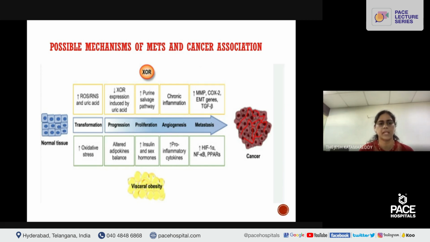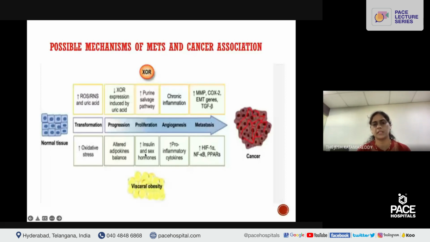So how is this mechanism happening? In normal tissue, increased oxidative stress, reactive oxygen species, nitrogen species, and uric acid will transform and progress with decreased xanthine oxidoreductase expression and altered adipokines to proliferation of the cell, thereby causing increased purine salvage pathway and increasing insulin and sex hormones. This proliferation will further lead to angiogenesis.